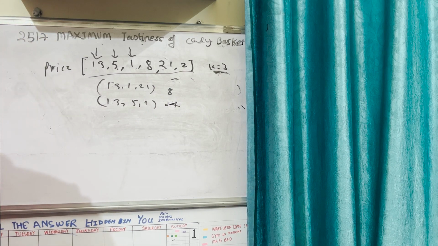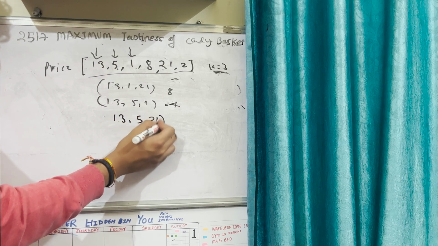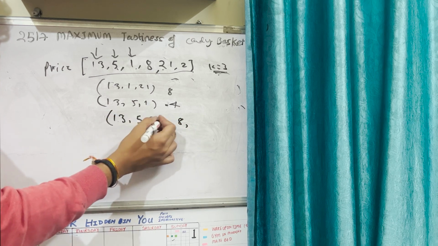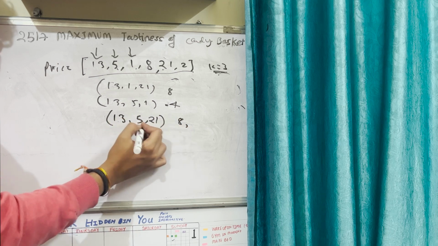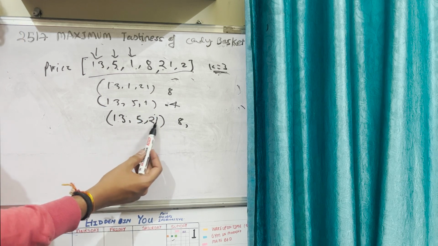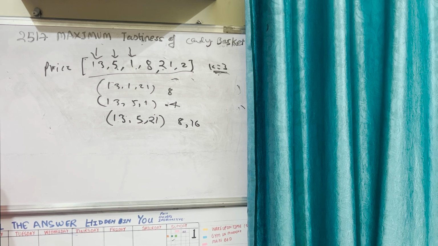Let me take another example. You can take 13, 5 and 21. 13 minus 21 is 8, 5 minus 21 is 16, and 13 minus 5 gives you 8.